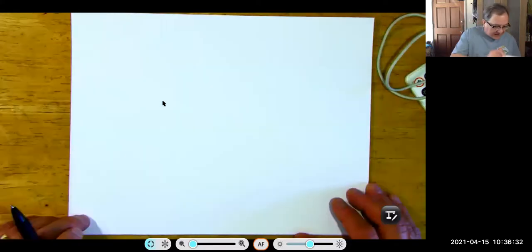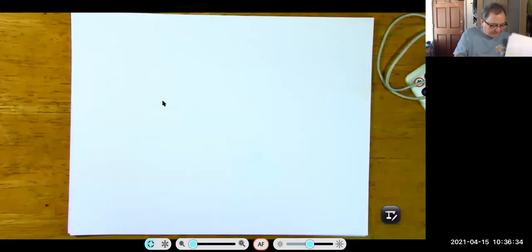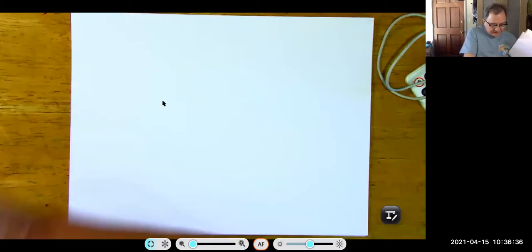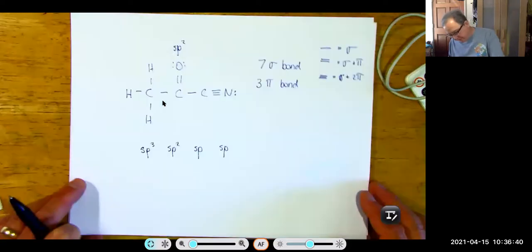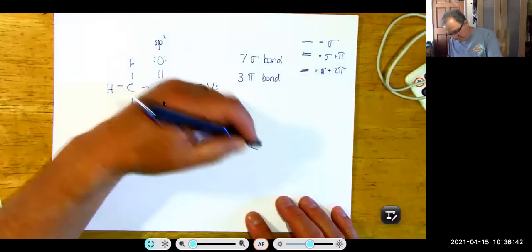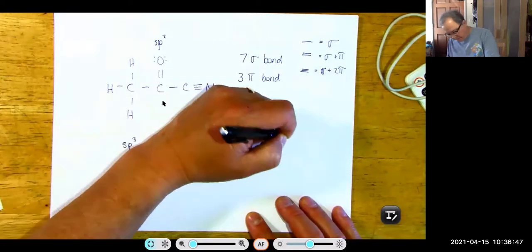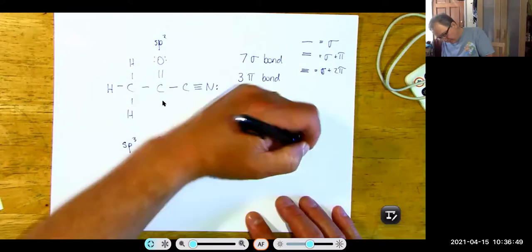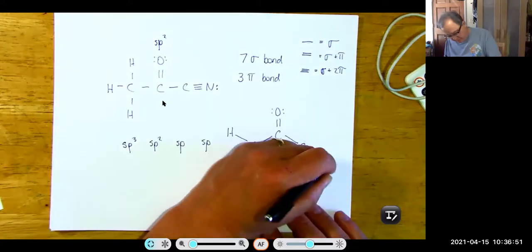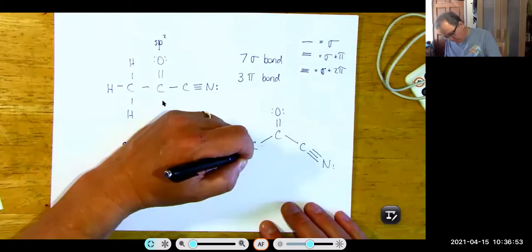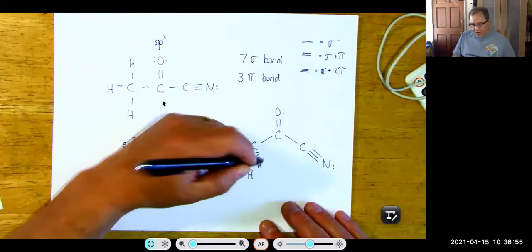So back to this guy. I just want to draw it three-dimensionally, and it would look like this. Does that carbon look tetrahedral?